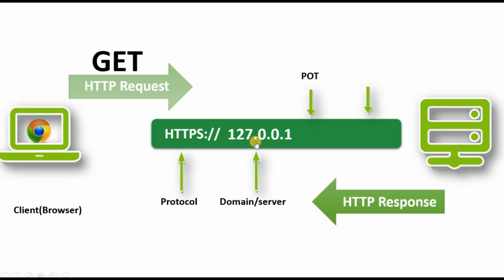Normally you see this says 127.0.0.1. This is a domain name presented in the form of a numeric value. It is a number, but there is what we call the DNS.